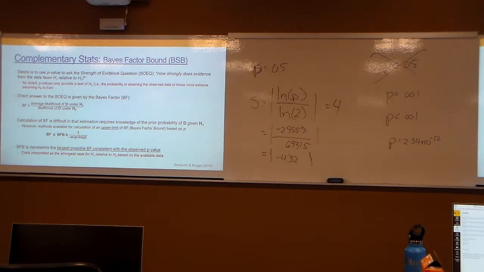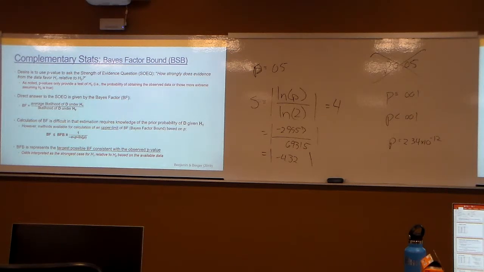But what Benjamin and Berger are proposing is calculating an upper limit on your Bayes factor based on your p-value, okay? And so, the Bayes factor bound. This is going to be under the best conditions, assuming that the null and the alternative are equally likely.